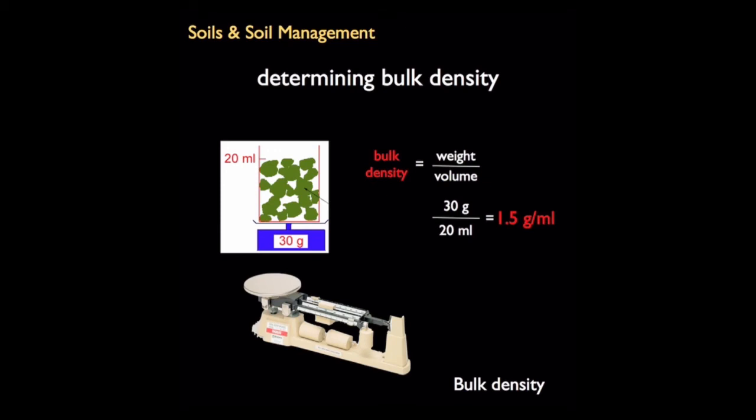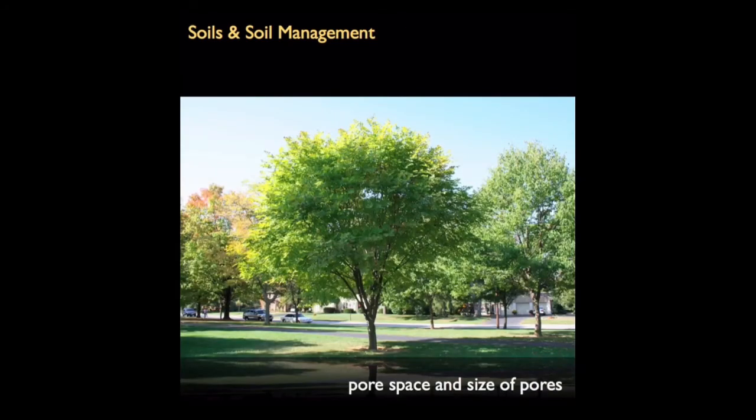The ability of a soil to hold water during drought and drain rapidly after a flood is dependent on the amount of pore space, the bulk density, and the relative size of the individual pores. Water drains from large pores and is retained in small pores.